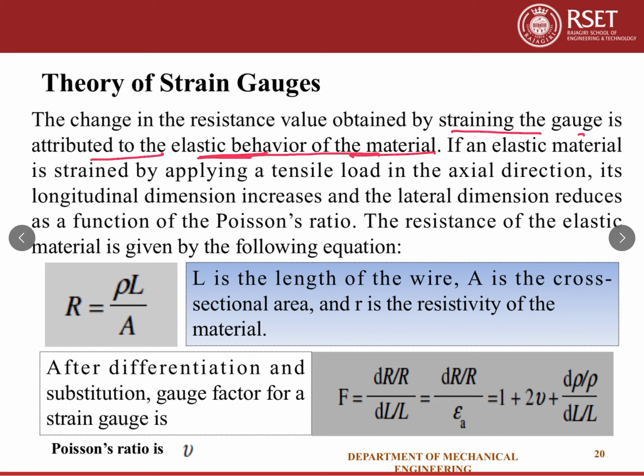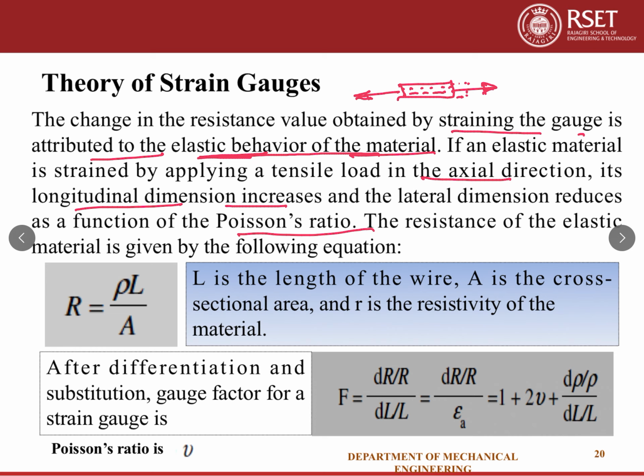If an elastic material is strained by applying a tensile load in the axial direction, its longitudinal dimension increases, so the length increases, and the lateral dimension reduces. The diameter reduces as a function of the Poisson ratio.